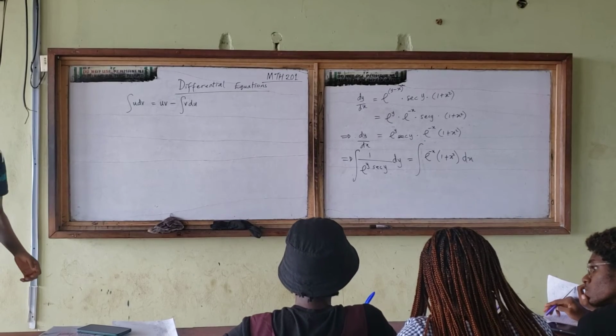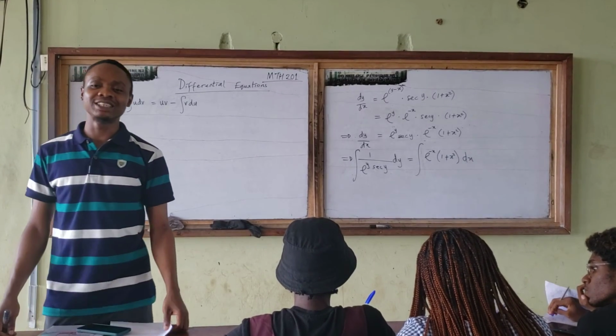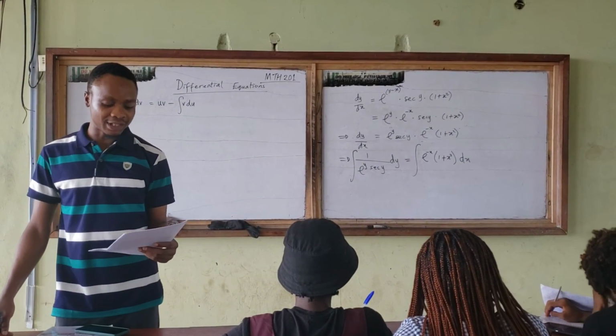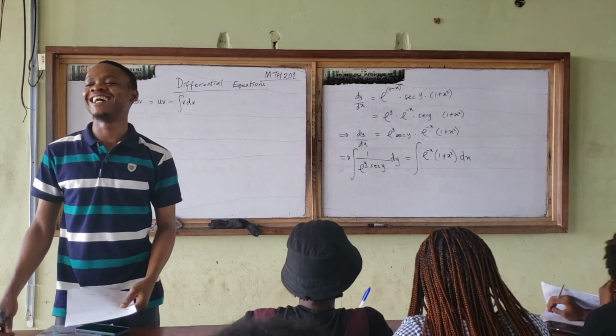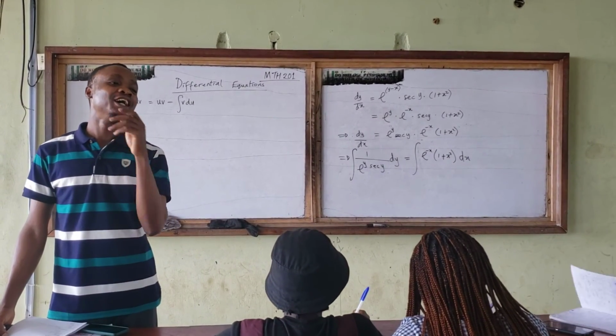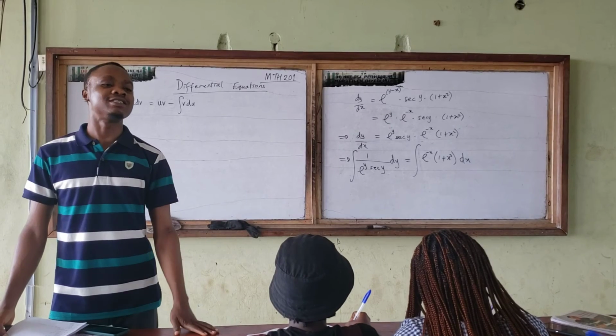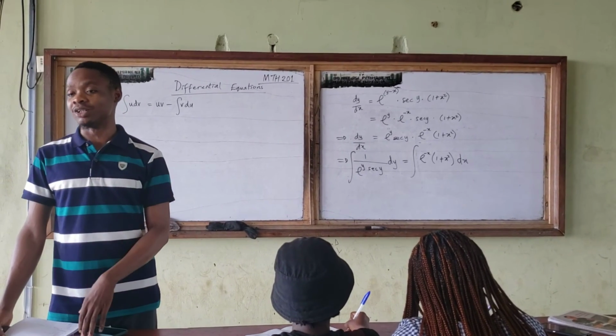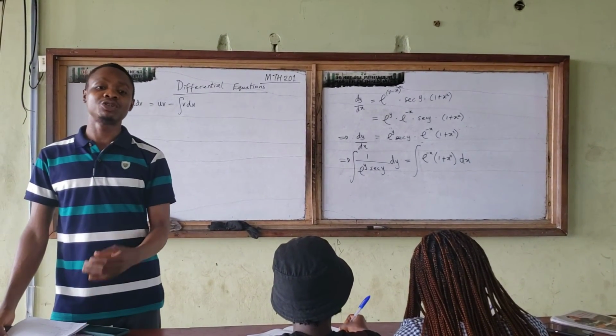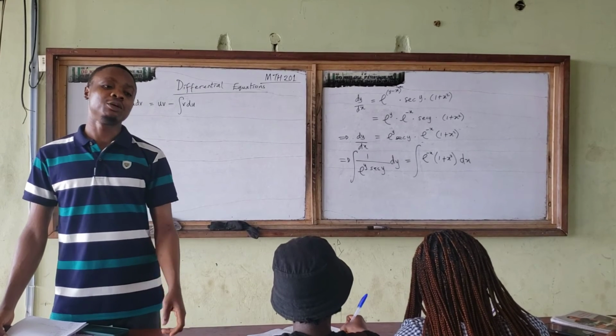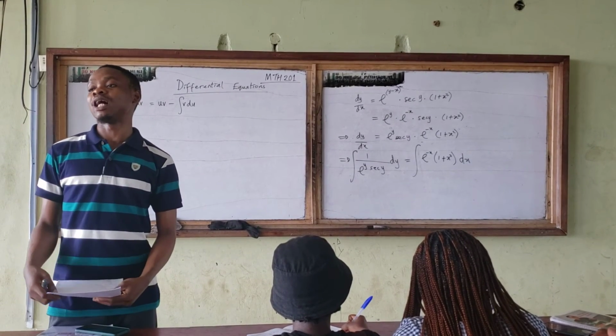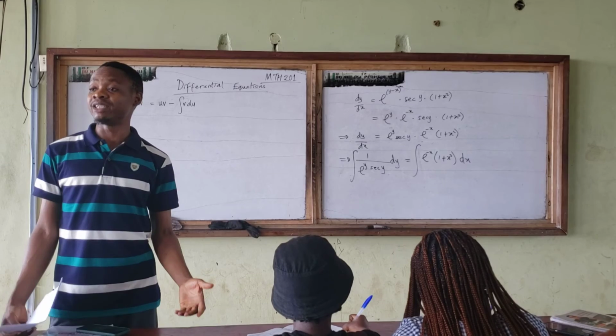Okay, let me tell you something. Look at this. If you don't know integration, but you are very sure of your differentiation, and you are given a differential equation in an OBJ question, it's very easy.